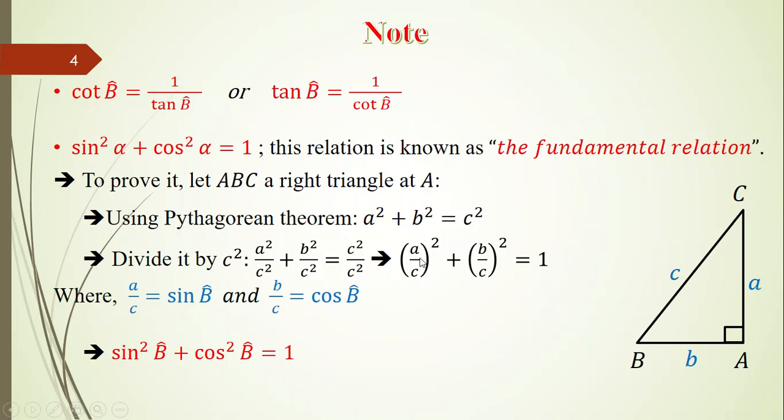It means that we have (a over c) power 2 plus (b over c) power 2 equal to 1. As we can see, a over c is the opposite side over the hypotenuse, which is the sine. b over c is the adjacent side over the hypotenuse, which is the cosine. So from here, we can deduce that sine square plus cosine square is equal to 1.